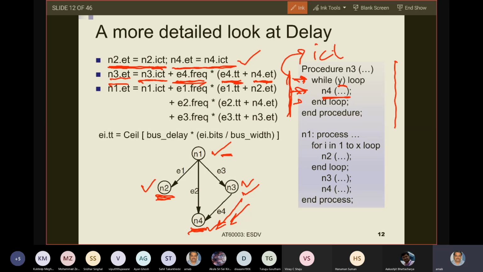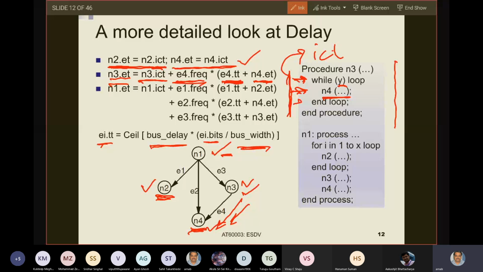And what is e4.tt? e4 transmission time. If you dig into more detail, e4 will be implemented by a bus, so e4.tt is the bus delay, which gives you the propagation delay on the bus, multiplied by ei.bits divided by bus width. ei.bits is the total size of the data.